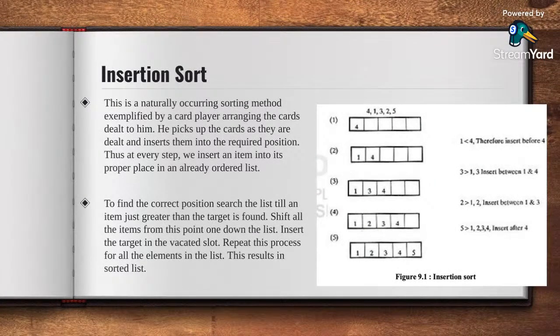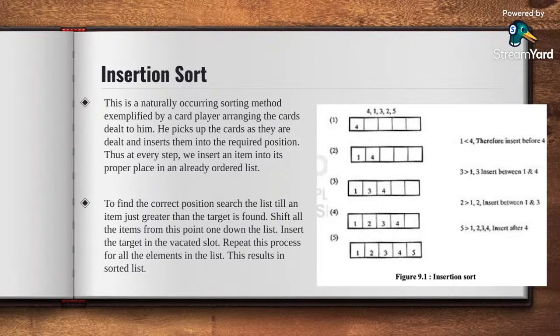This is like sorting playing cards. So basically, like holding cards, all the unsorted ones in one hand and the sorted ones in the second hand. Initially, the second hand will not contain any cards.